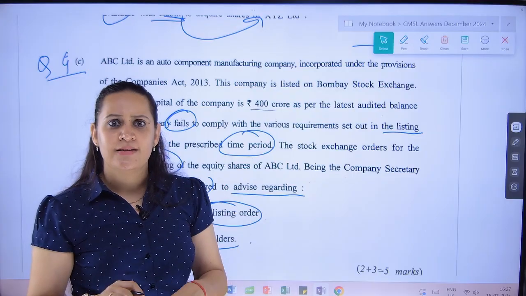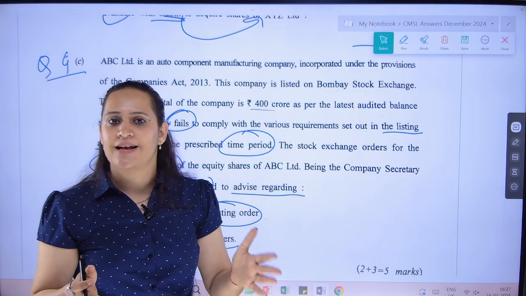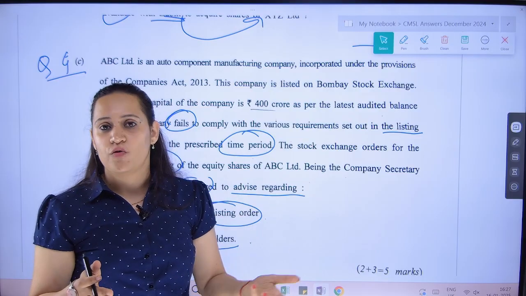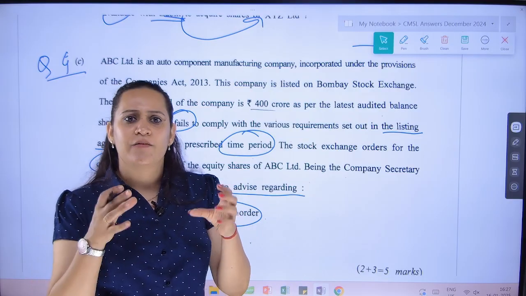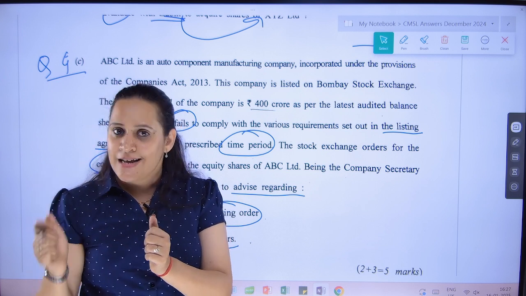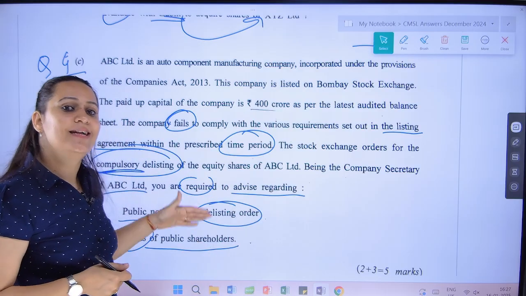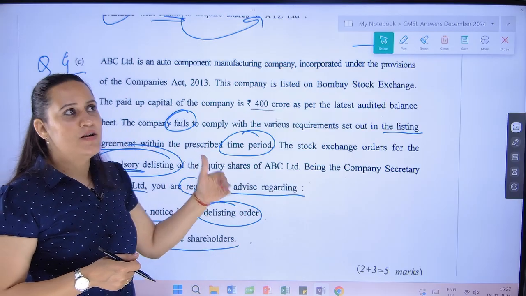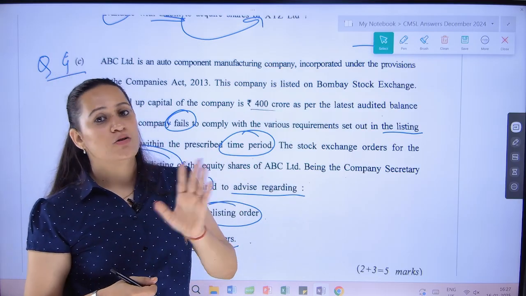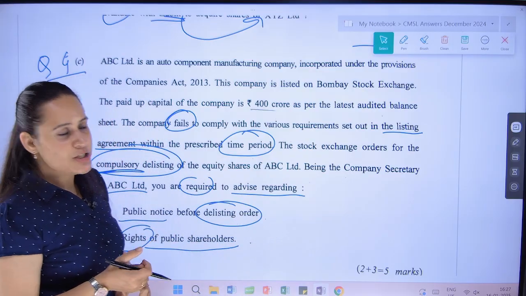It is their choice, it is their right to continue to be the shareholders and not accept the exit value, exit price or exit offer that is being given by the company. If they are okay to be the shareholders of the company even when the company becomes a delisted company, it is their choice. They can continue to be so. That is the right that they have, right to choice whether they want to continue to be the shareholders or not. Those are the rights of the public shareholders.